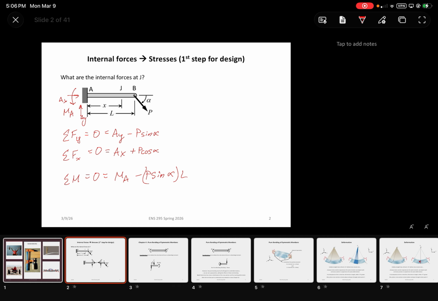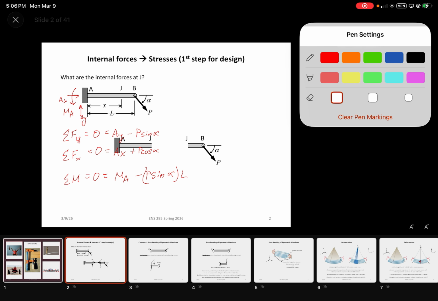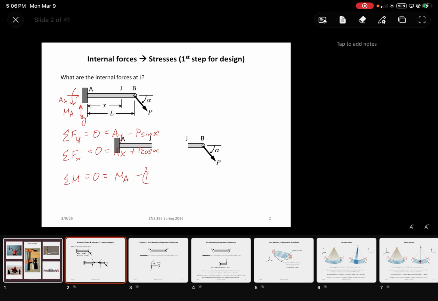Now from there, we can cut for internal equilibrium. When you're analyzing the internal forces, you cut sections as we have been previously doing, and then you get different equations through force equilibrium. The internal force just equals P cosine of alpha again.